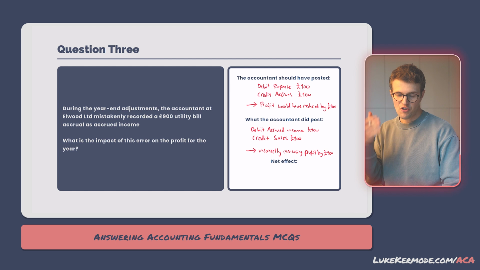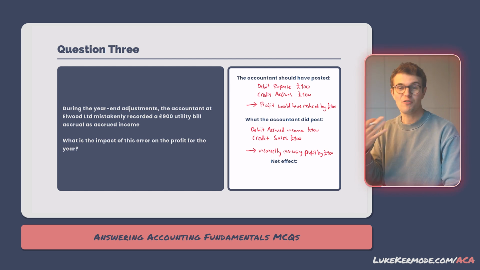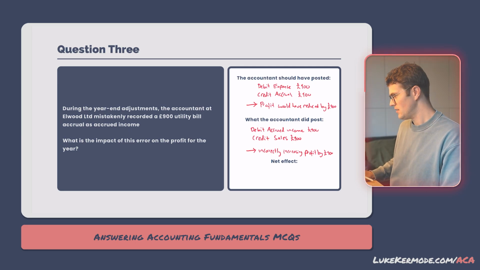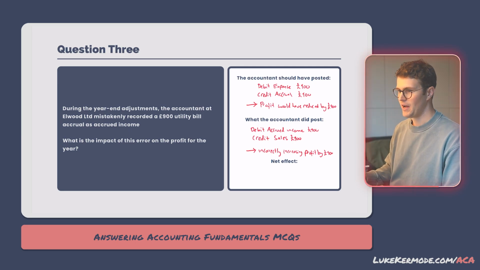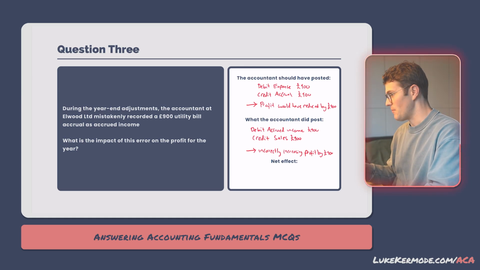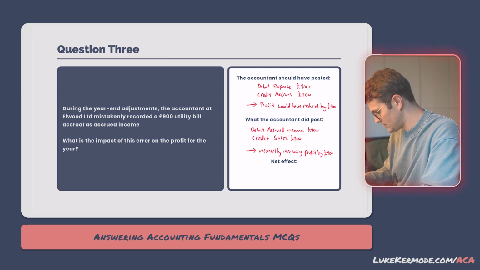So we've got two layers to this mistake. Firstly, the expense that should have reduced profit by £900 wasn't recognised, so we should have recorded an expense but never did. So that overstated profit by £900. Secondly, they actually recorded income of £900 in error. So the net effect is that profit has been overstated by £1,800.